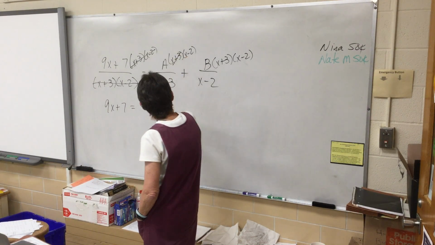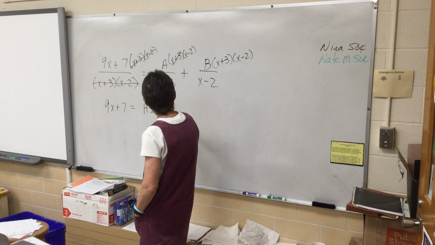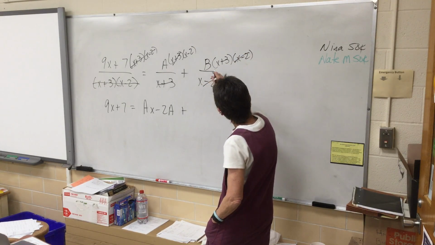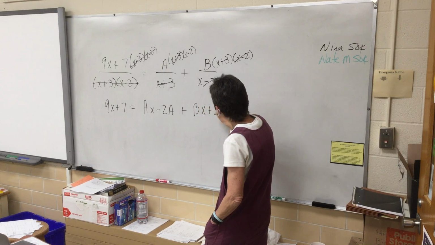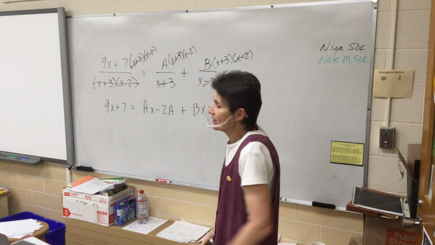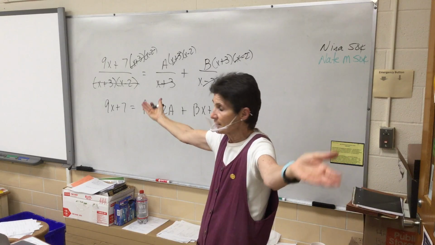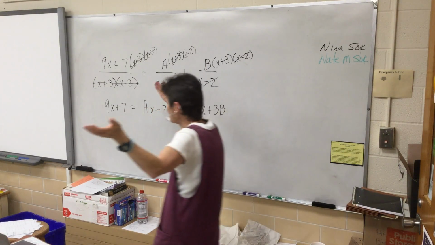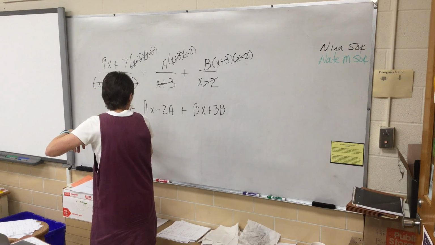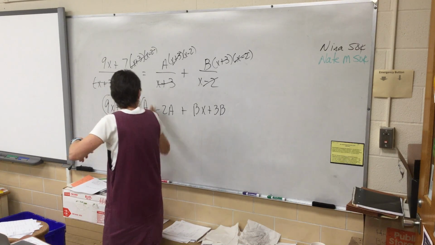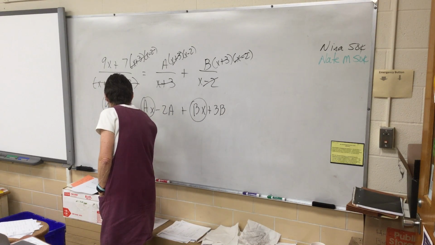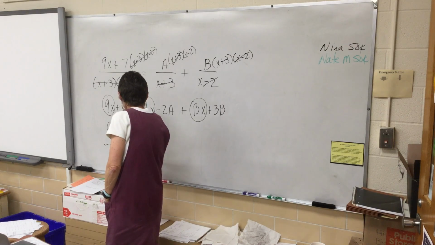So the x plus 3's are gone, so I'll be left with ax minus 2a. Remember, this is just a number, so you're going to distribute it. So that's bx plus 3b. All of this is an equation, so pretend I'm an equation, I'm in balance here. All the x's in my left hand have to weigh the same as the x's in my right hand. So 9 has to be a plus b, and then 7 has to be negative 2a plus 3b.